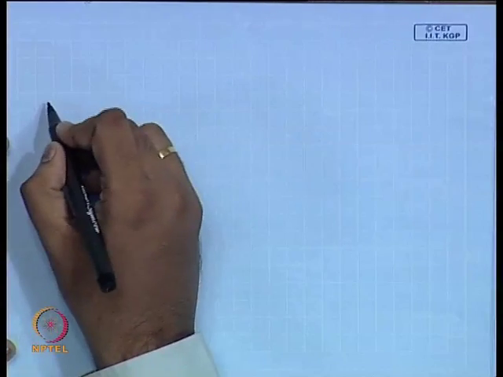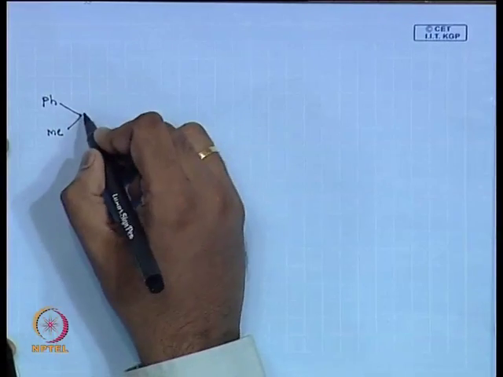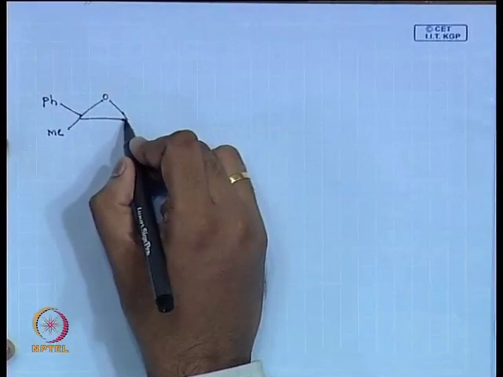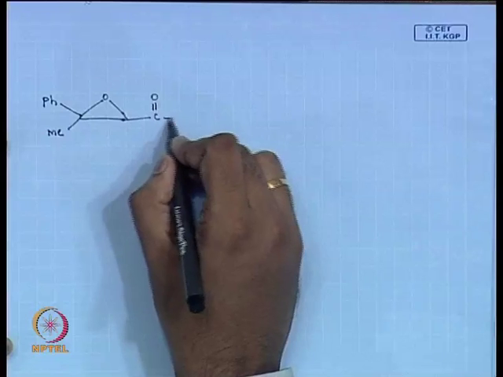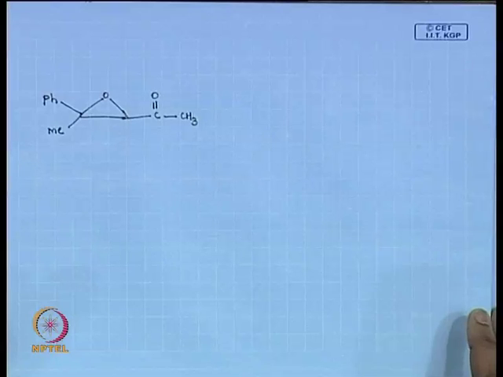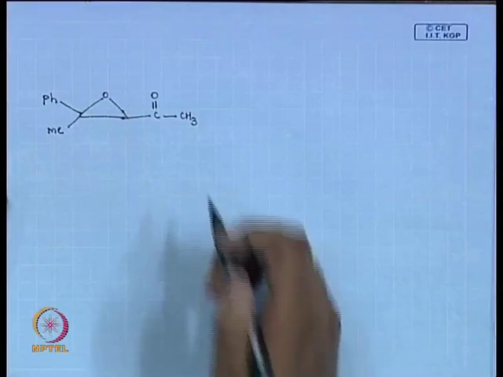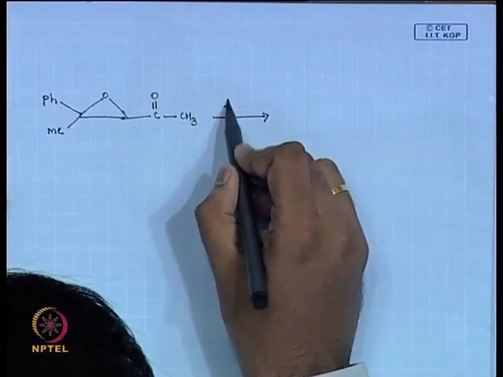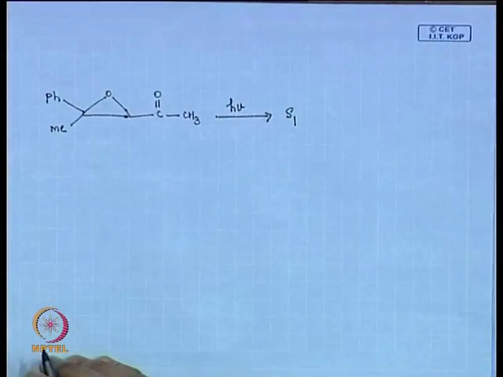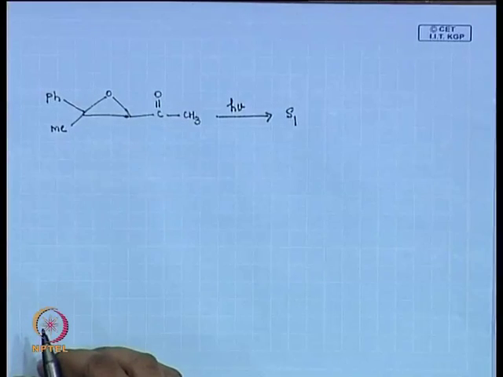Now we will take a simple example, just to see whether you remember what we learned five minutes before. So what do you do? Once I shine light, I go to S1, then I do intersystem crossing to T1, no, because it is an epoxy ketone, that is good.